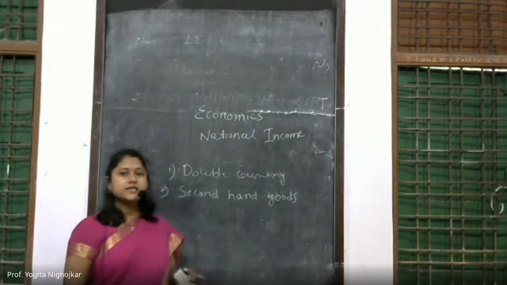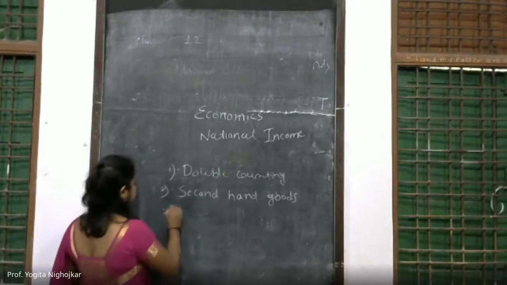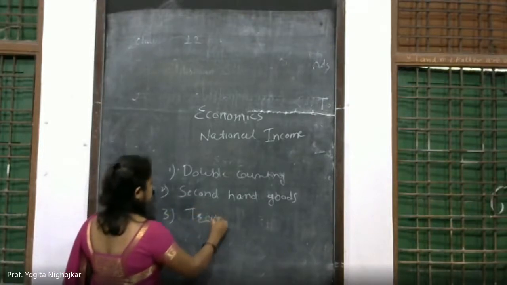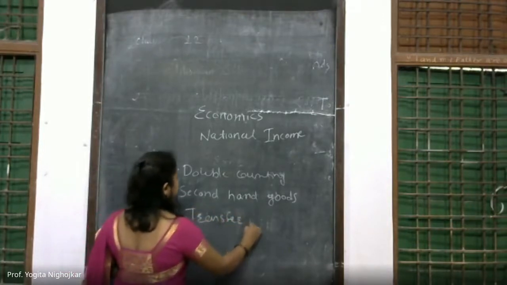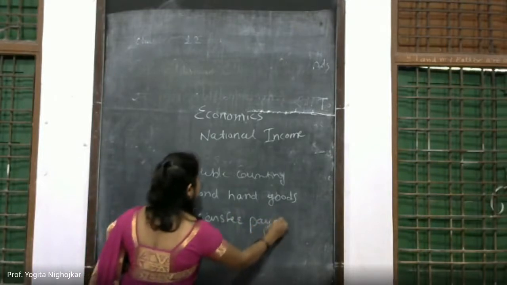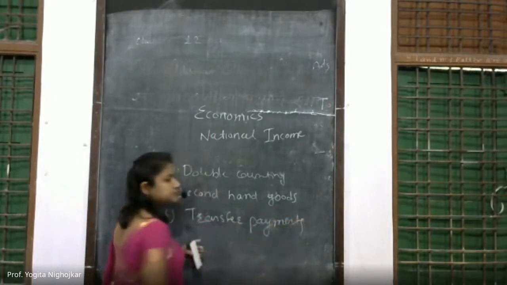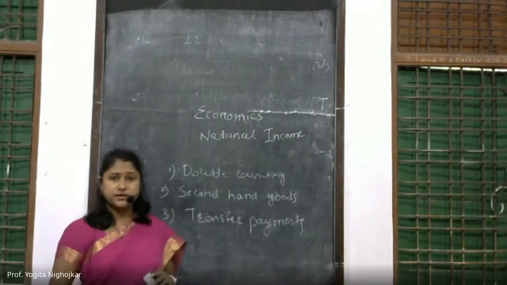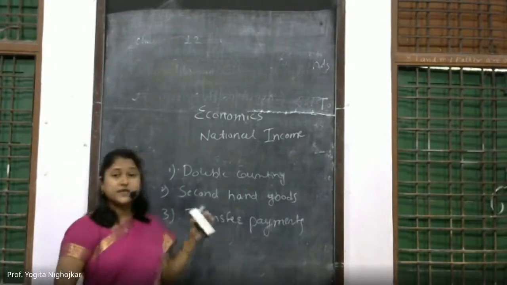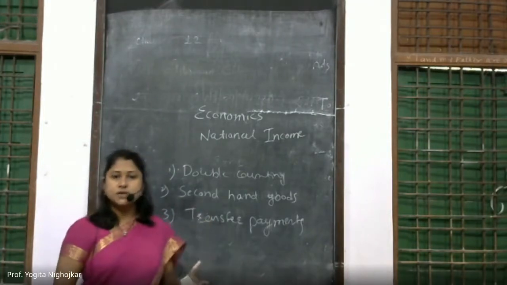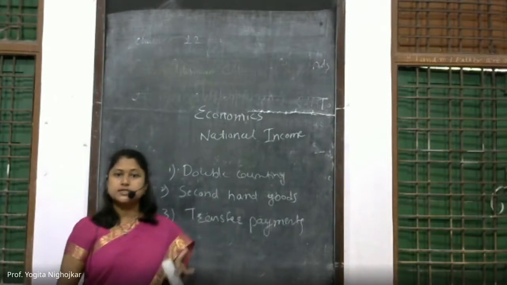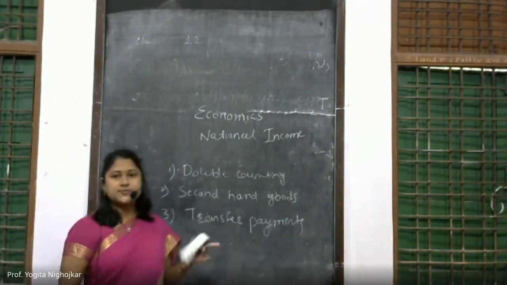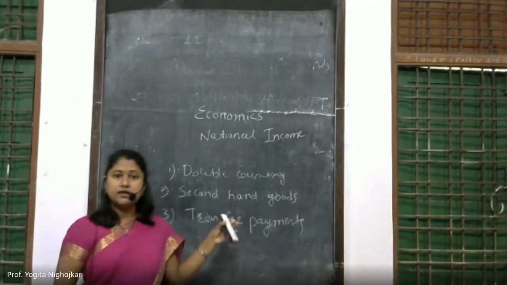Right. Next is transfer payment. What is transfer payment? It is also called transfer income, like scholarships, gifts, donations, charity, old age pensions, etc., and should be ignored.